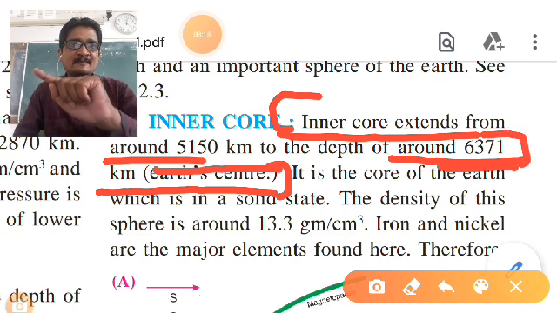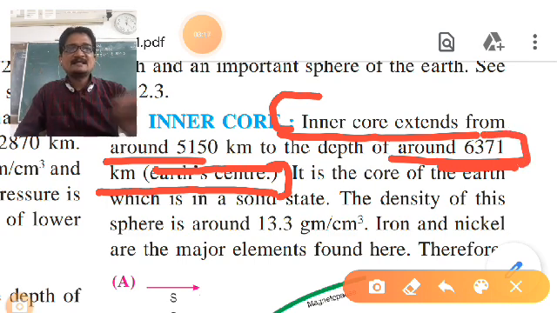These points. The density of this sphere is around 13.3 gram per cubic centimeter. Cm is centimeter, so 13.3 gram per cubic centimeter.